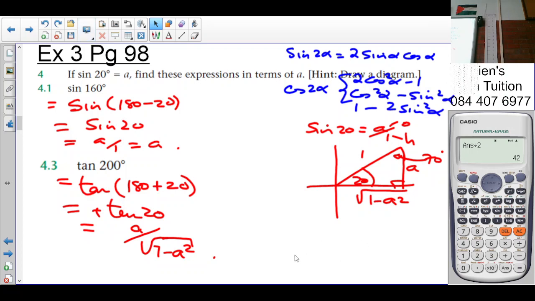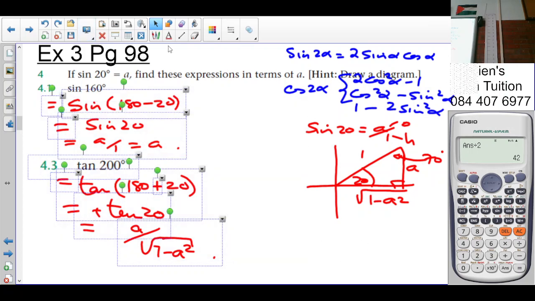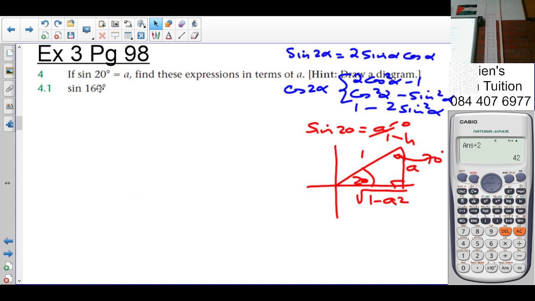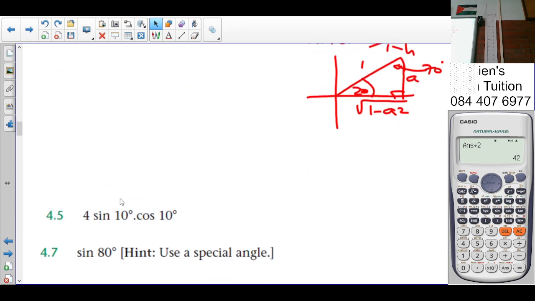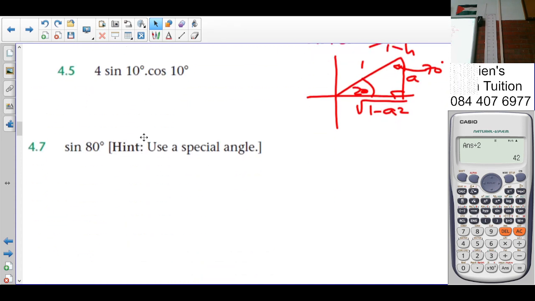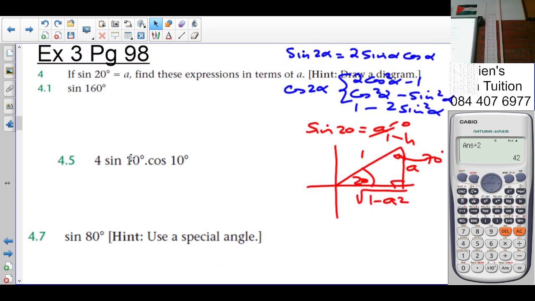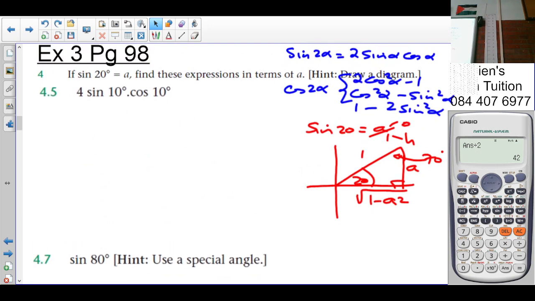This is a nice one. Okay, all these sums are nice. What do you see here? 4 sine 10 cos 10. This should remind you of 2 sine alpha cos alpha.